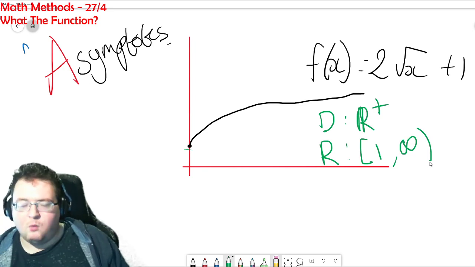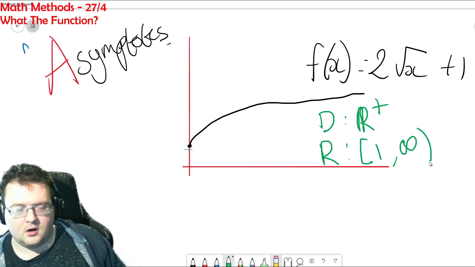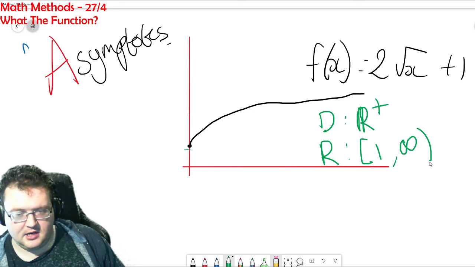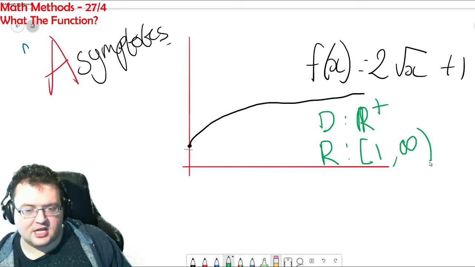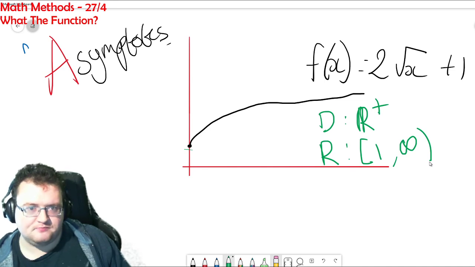Now, what you guys are going to be asked to do in the questions in the textbook is draw equations over specific domains. Those specific domains are your restrictions. You have to only draw between those points that are listed for the domain. If on a SAT or a SAC you draw outside the domain, that is instant loss of marks.